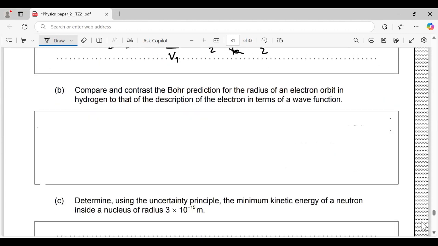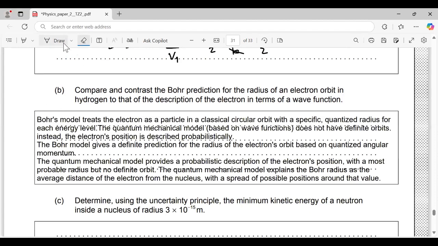Compare and contrast the Bohr prediction for the radius of an electron orbit in hydrogen to that of the descriptions of the electrons in terms of wave functions. In the classroom, I have explained this, and I have many sentences to explain these questions, but I have provided my explanation here, in this video.